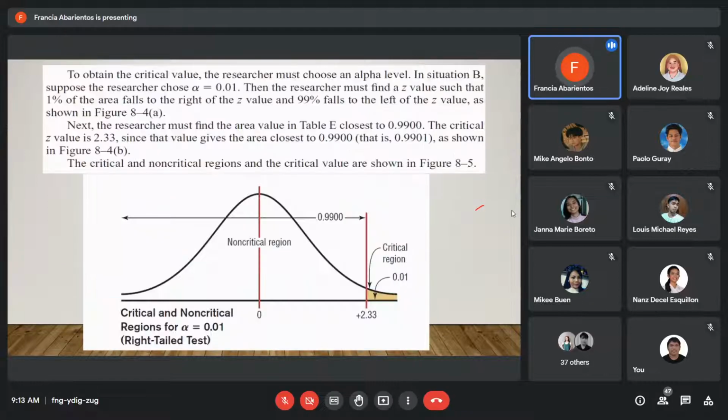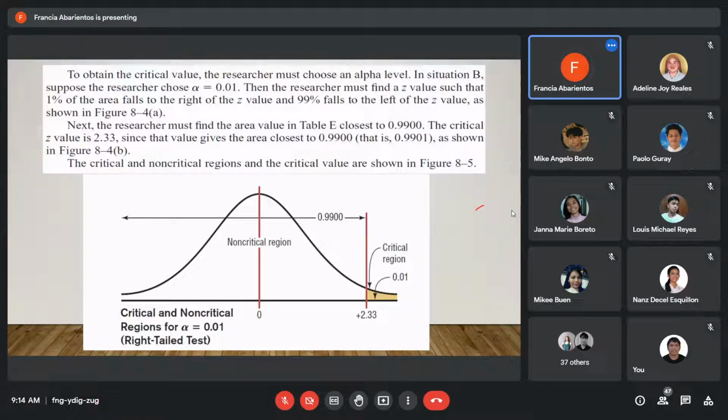Bakit kailangan natin siya? In obtaining the critical value, specifically, the researcher must choose an alpha level. Ayan, ikaw mag-choose niya ng alpha level mo. In situation B, suppose that the researcher chose an alpha of 0.01 or 1%. Then the researcher must find the Z value such that 1% of the area falls to the right of the Z value, and the rest to the left of the Z value, as shown in the figure below.